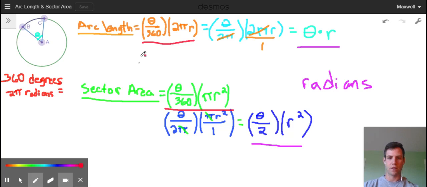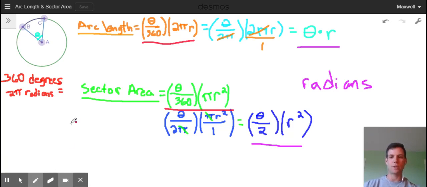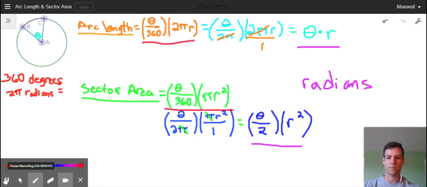So we can write degrees there, but we already covered that. Now in the next part of this video, we'll be looking at some quick examples of finding the arc length and sector areas in specific problems.